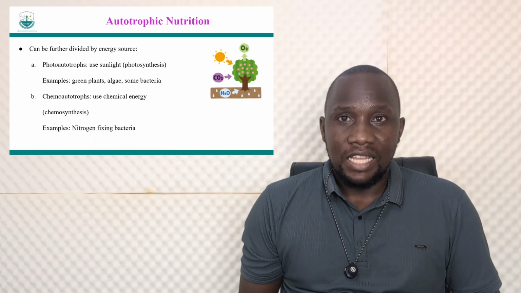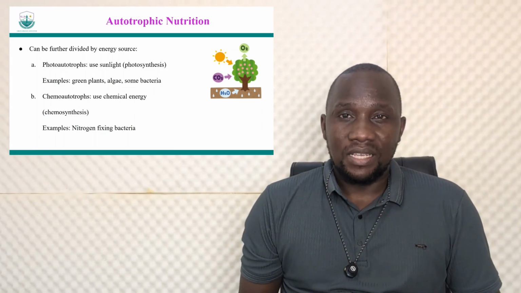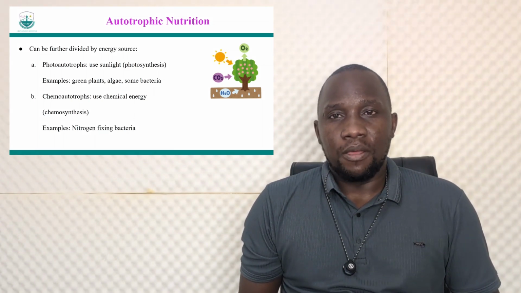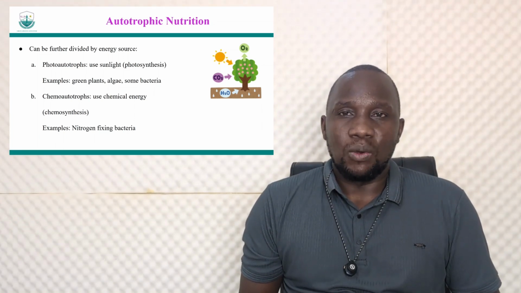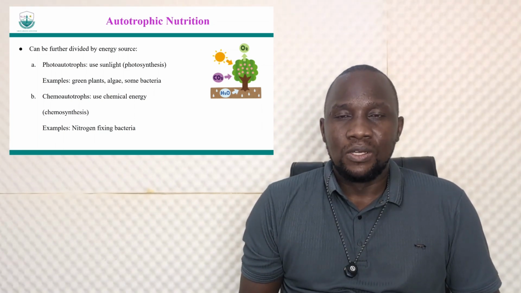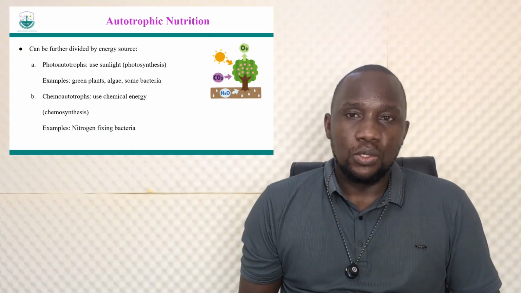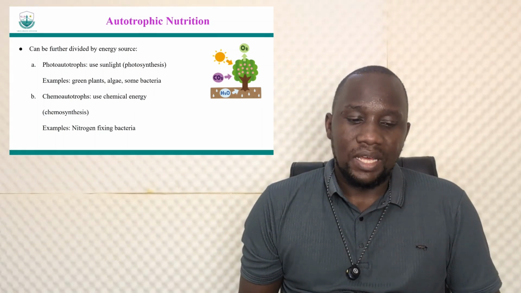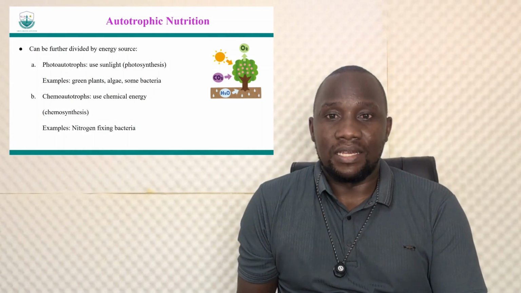For the plants, the energy is coming from the sun, and for the chemoautotrophs, they are basically oxidizing chemicals and getting the energy that is required. So they use chemical energy, which can also be termed chemosynthesis. The nitrogen fixing bacteria fall under this category.